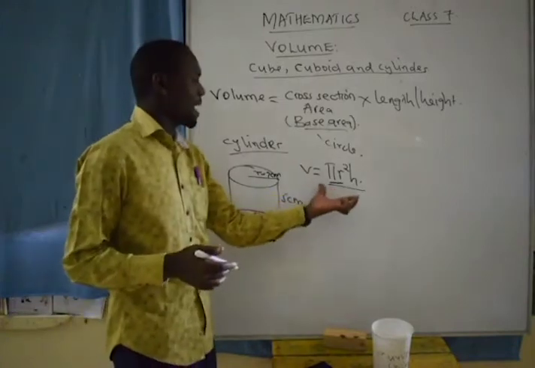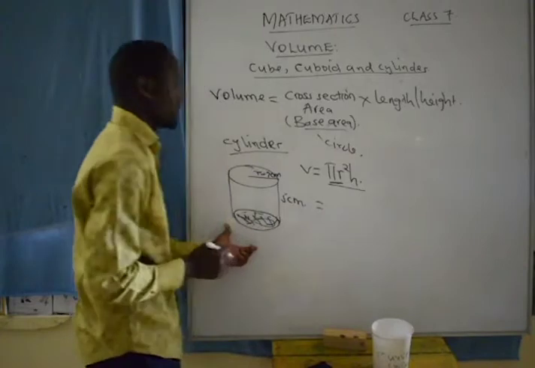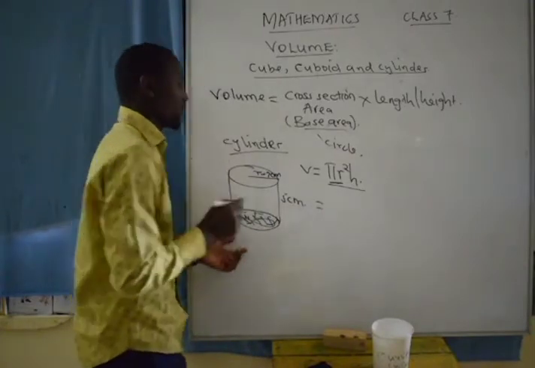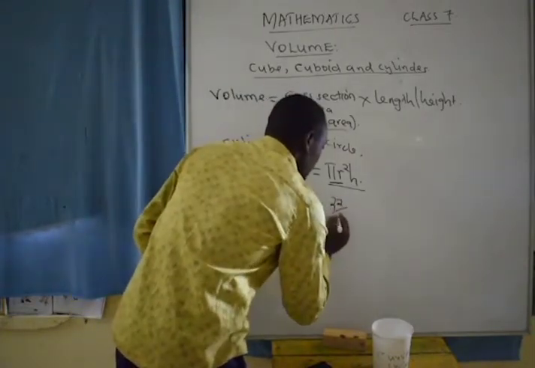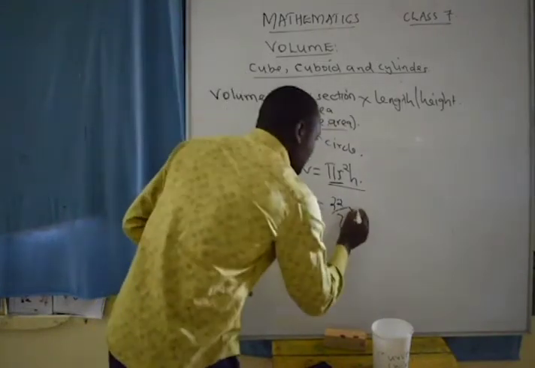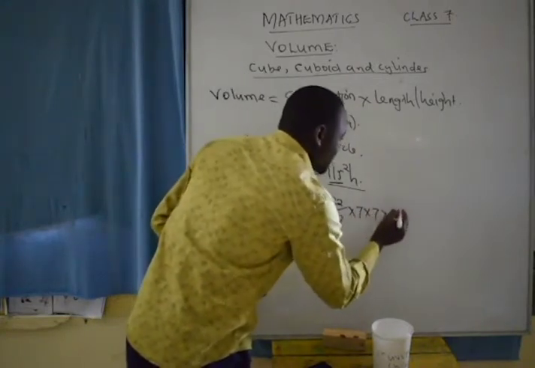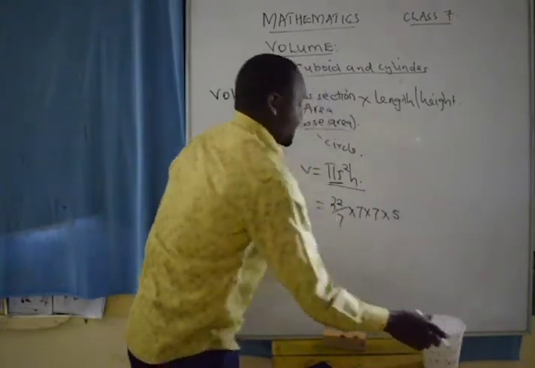Using our formula pi r squared h, the volume of this cylinder will be the area of the circle or the area of the cross section, that is 22 over 7 times r squared, whereby r is 7 centimeters, so 7 times 7. Then times the height, which is 5.